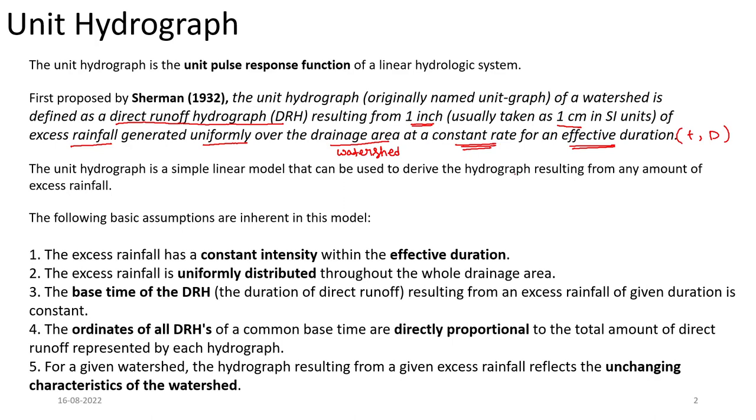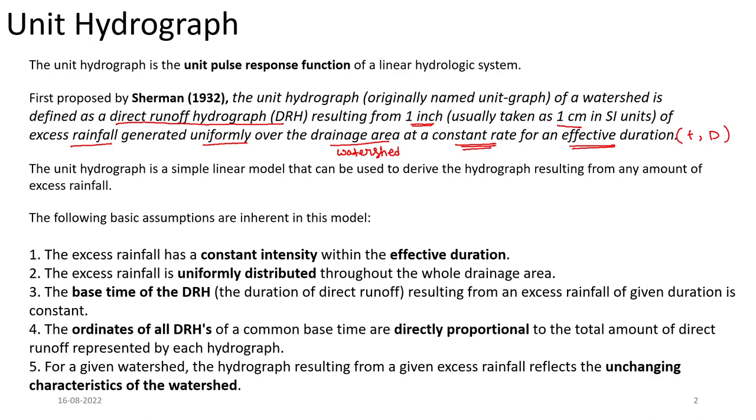If we observe clearly, in the definition itself we made many assumptions. The very first assumption is that the excess rainfall is generated uniformly. If you consider a very large watershed like the Ganga or the Godavari, it has diverse land use patterns. We cannot assume that the stream flow available at the mouth of the Godavari or Ganga is generated uniformly over the entire watershed.